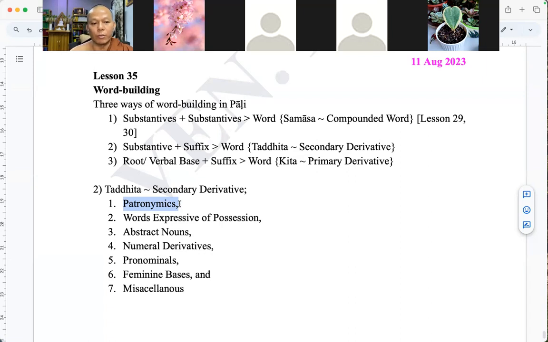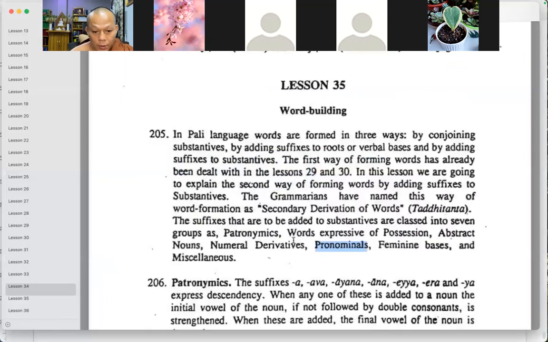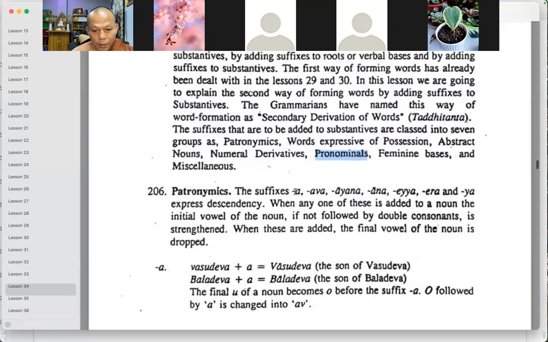Those terms are called patronymics. In the patronymics, we use seven suffixes.